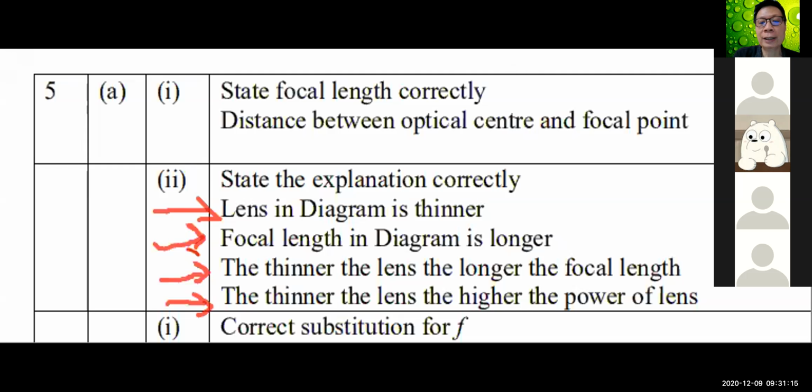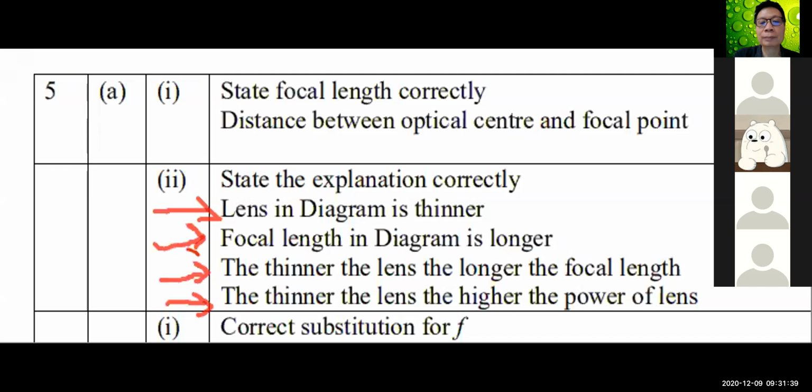Lens in B thicker than diagram A. Focal length in lens used in A is longer. Yes, correct. So far, Ping Hao gave 2 points already. How, focal length in diagram B is longer? B is longer?